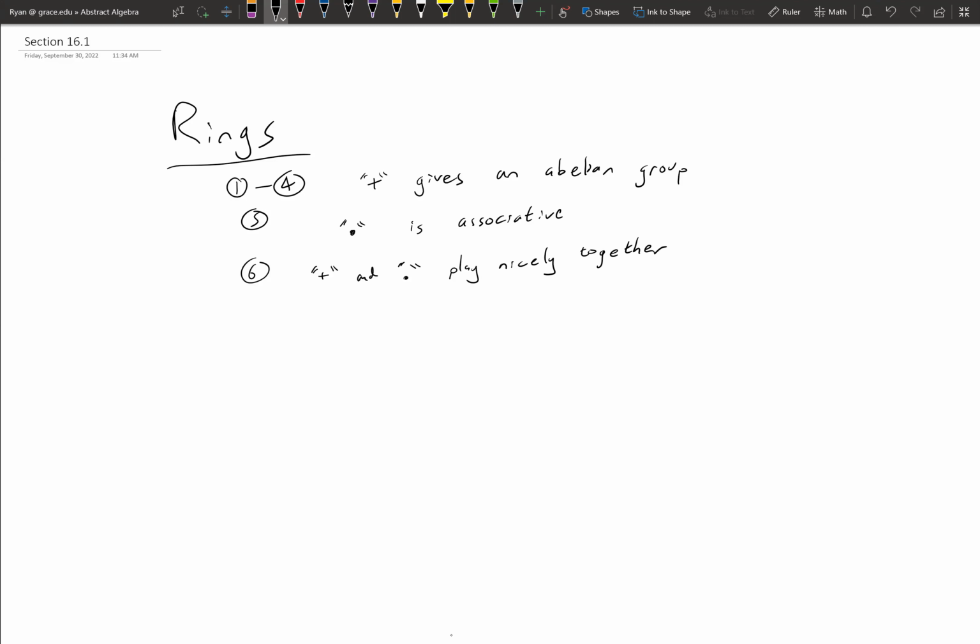Okay. And if this makes you think of numbers, then yes. All the different number systems we've used in mathematics, the integers, the rationals, the real numbers, complex numbers, these are all rings with traditional addition and multiplication.